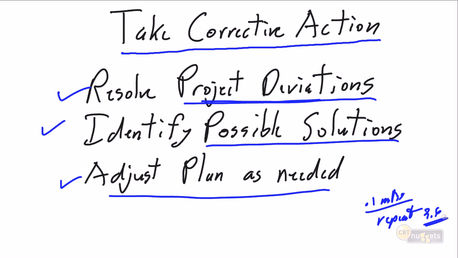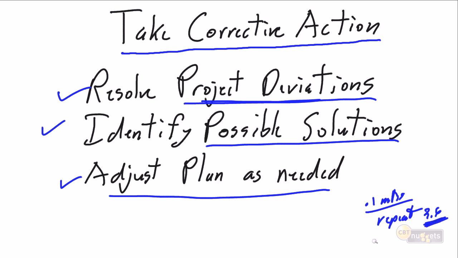Earned value assumes the past challenges are going to repeat themselves into the future. If we take the appropriate corrective actions and implement the best solution, that 0.1 month issue is going to go away. Our delays due to the subject matter experts' unavailability are now going to be resolved. And unlike earned value, the worst case it's going to be is 3.6.